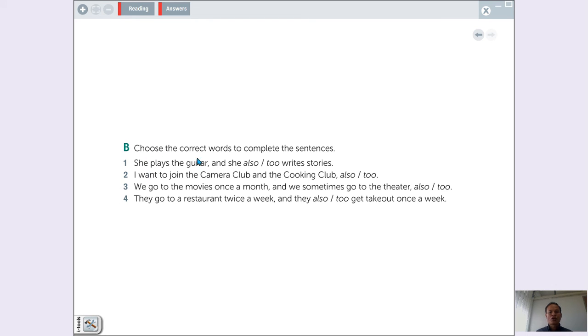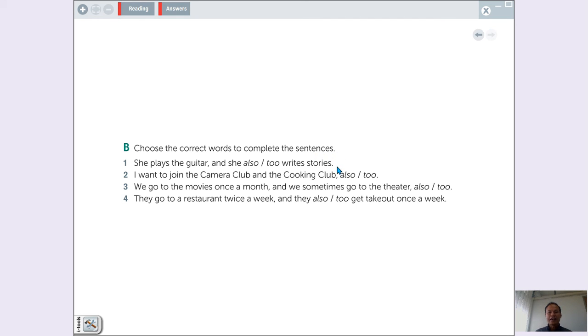If you look at this, it says choose the correct words to complete the sentences. She plays guitar and she also / to writes stories. You don't really know which one is right. I suggest you read and add these two choices, and use your common sense. It helps. All of us have learned English for years, so we can use our common sense to answer this.